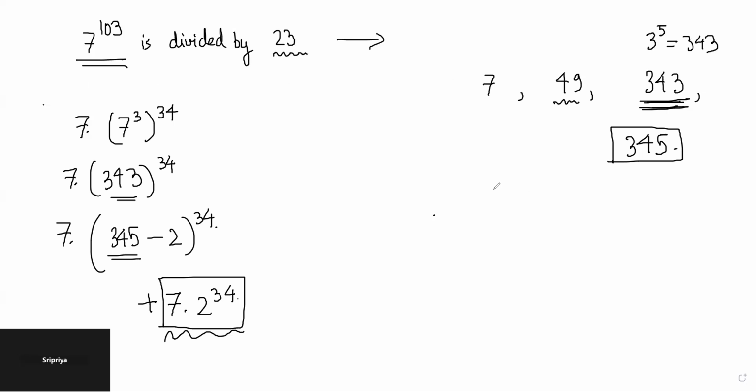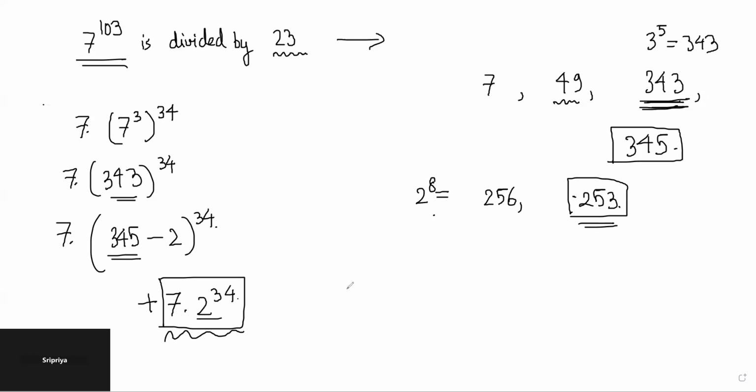Okay, so 256 and 23 is 230 and 253, right? So then it will become 3 units apart. Oh wait, yeah. So 2 power 8 is 256.